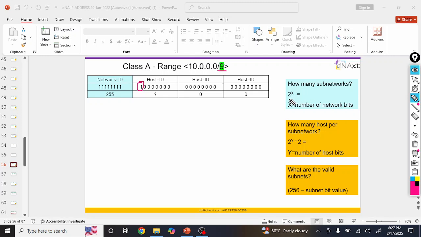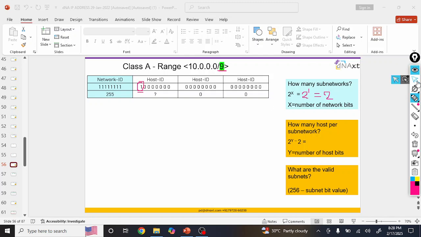According to the formula, it's 2 to the power x, where x is the number of subnetwork bits. How many subnetwork bits have we borrowed? One. So 2 to the power 1. We will get only 2 subnetworks.